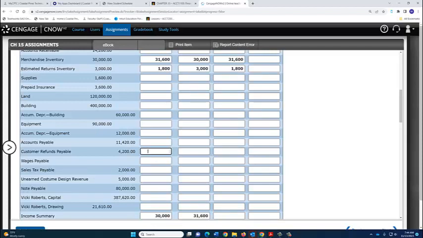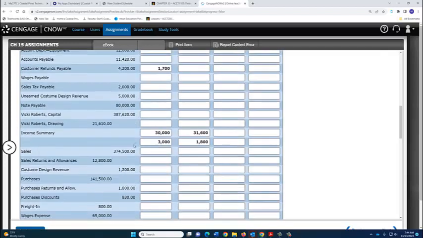Remember, all liabilities are increased with credits and decreased with debits. So I'm going to debit $1,700, and then I'm going to sales returns and allowances, and my credit will be for $1,700.